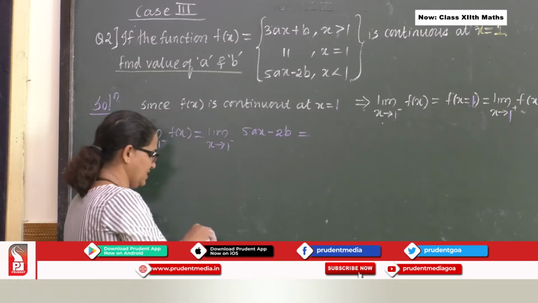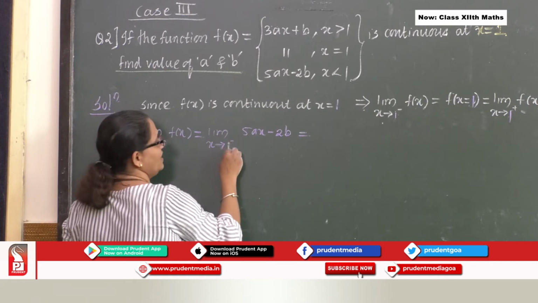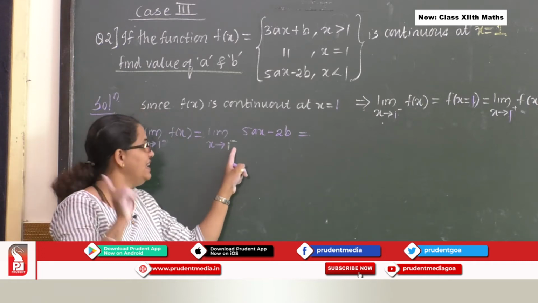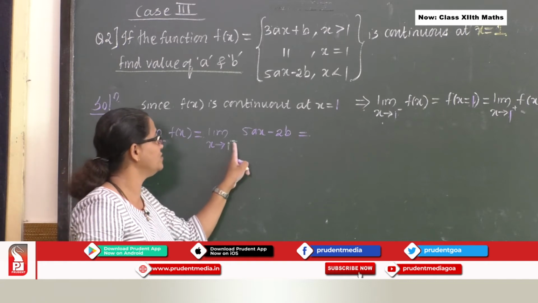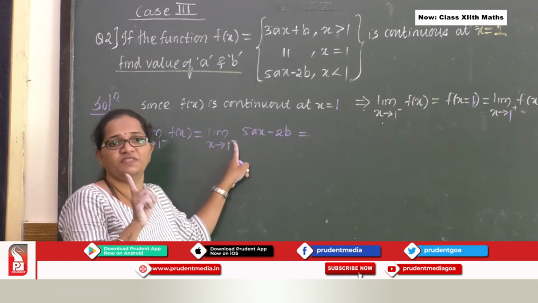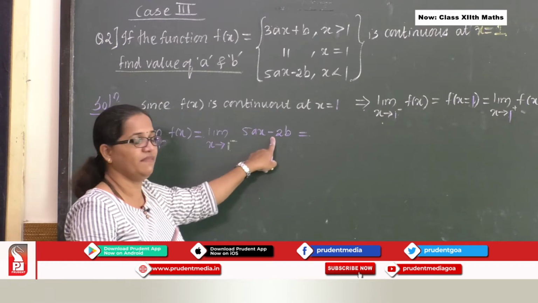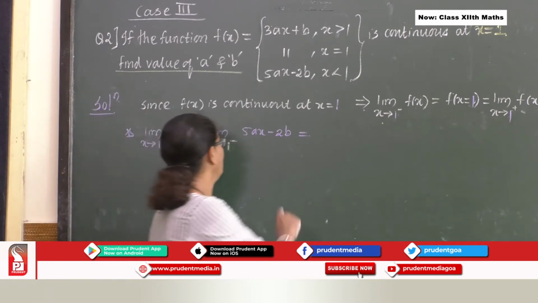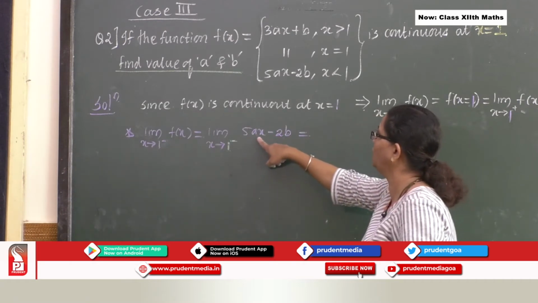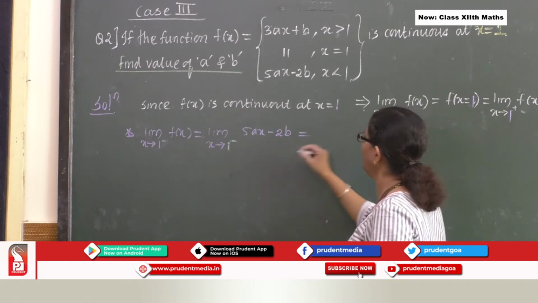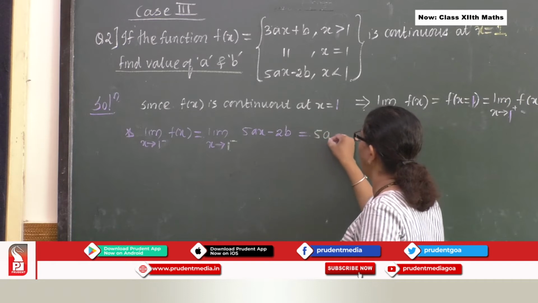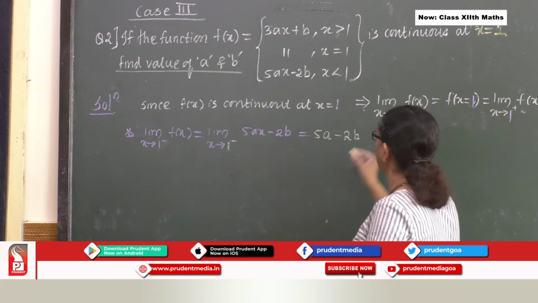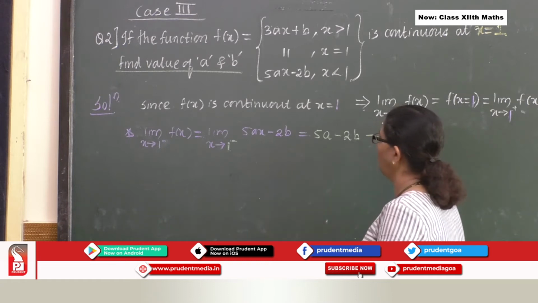This minus sign signifies it is the left hand limit. There is no significance of this negative sign when you substitute the value. You just have to substitute 1. So when you substitute 1 in place of x, you will get 5a minus 2b. Perfect. So this is my equation 1.